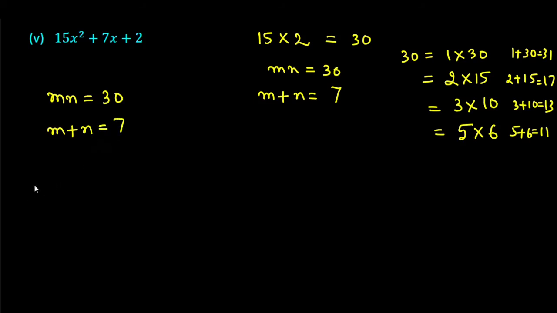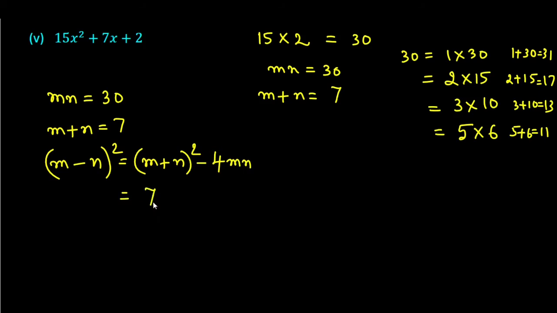To find m and n, first we have to find m − n. (m − n)² is equal to (m + n)² − 4mn. This becomes 7² − 4 × 30.